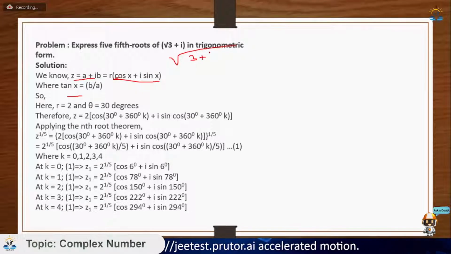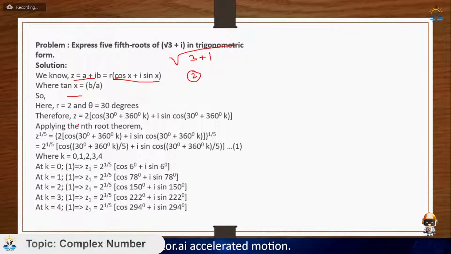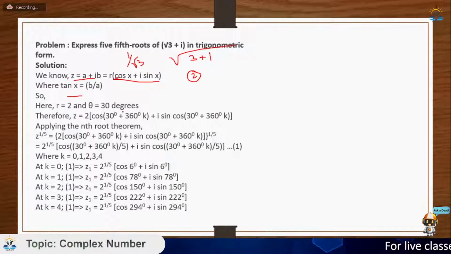So 3 plus 1 is 4, so r is equal to 2. Tan theta is 1 upon root 3, which implies theta is 30 degrees. So 2 times cos 30 plus iota sin 30.